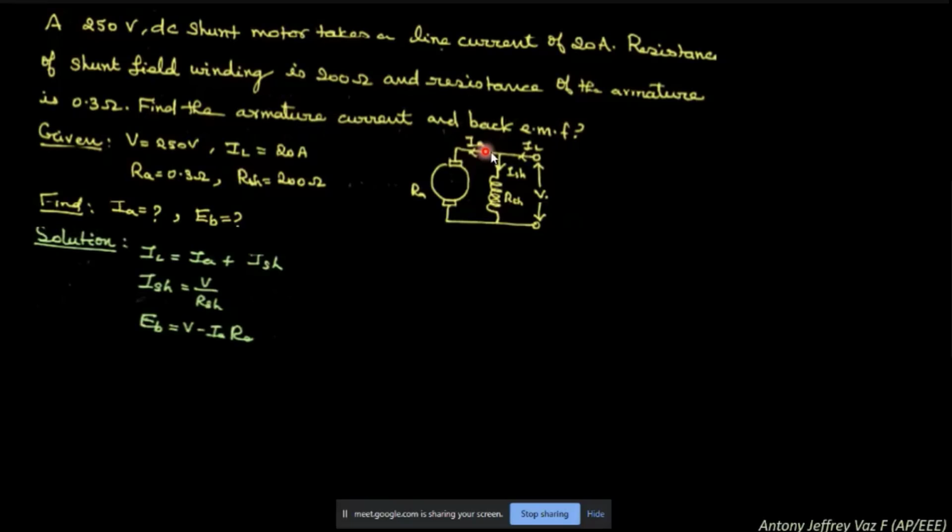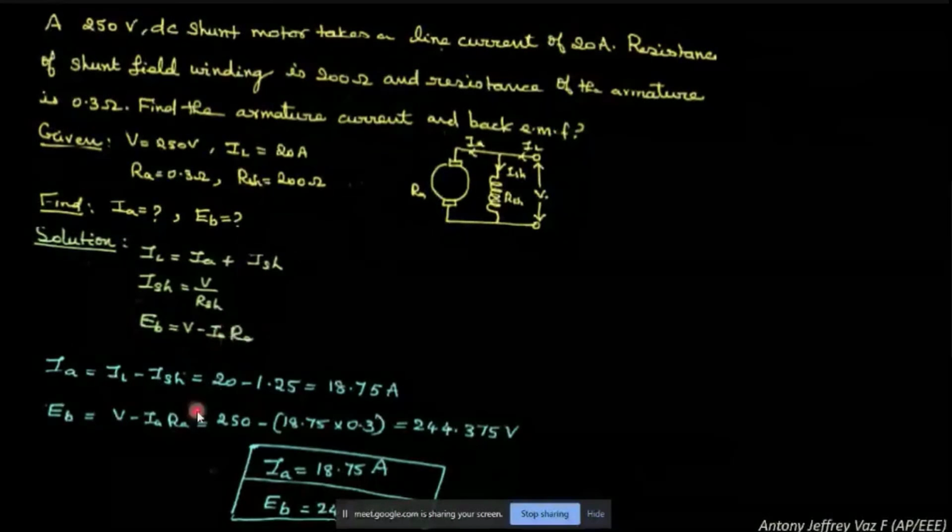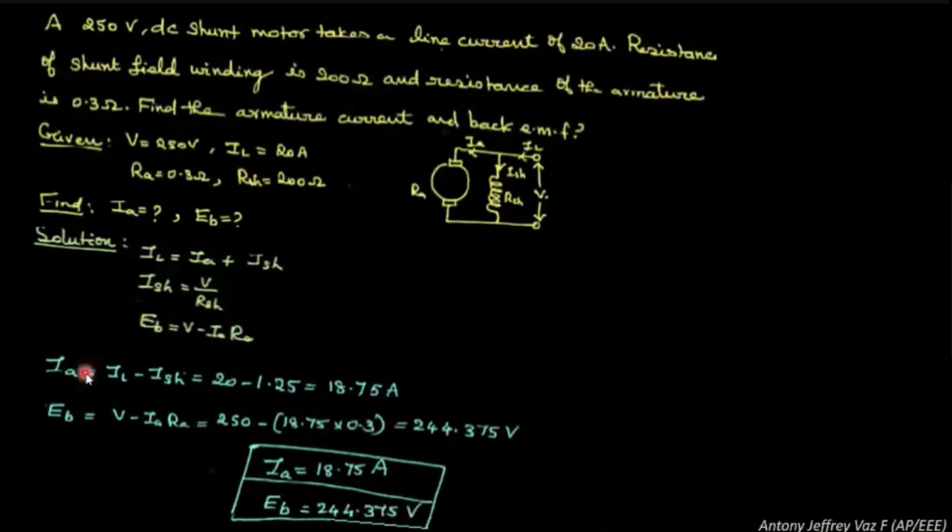Okay, so this is the formula for finding ISH. And since it is a motor, the voltage supplied will be more than the back EMF. So EB is equal to V minus IARA. IA is equal to IL minus ISH. So IL is 20 and ISH is 1.25. You will get 18.75 ampere.